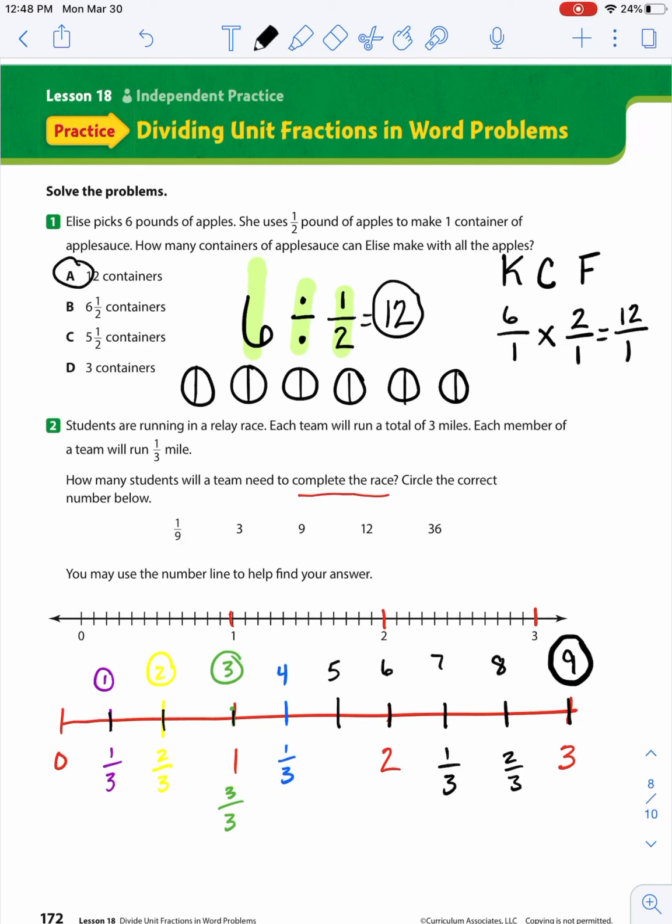So in other words, is that 3 whole miles cut up into 1/3 sections? Does that equal 9? Well, keep, change, flip says 3/1 times 3/1 equals 9.